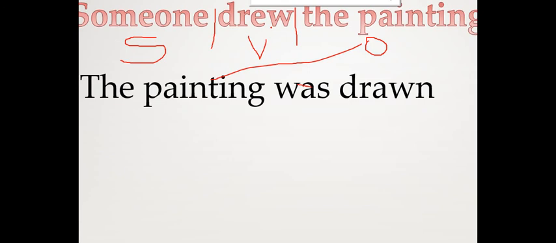So we have 2 auxiliary verbs, was and were. So we have some doubts like which one I want to choose, was or were. So the second point is we need to look the subject which is in a passive form, not in a active form. So we just look the painting which is singular form, so we have to use was.